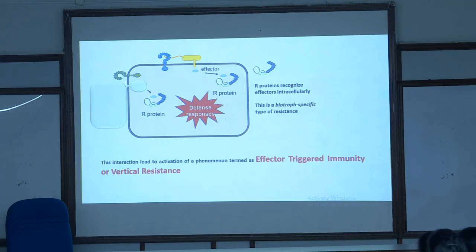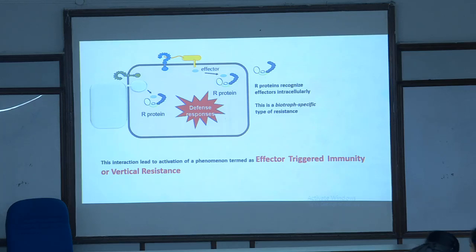The interaction between the effector and a functional R protein, also called a cytoplasmic receptor or intracellular receptor. By and large, they belong to a class of protein, NBS LRR. When they interact with the effector, the outcome of this interaction is immunity in the host. And that immunity is ETI, very popularly called vertical resistance.